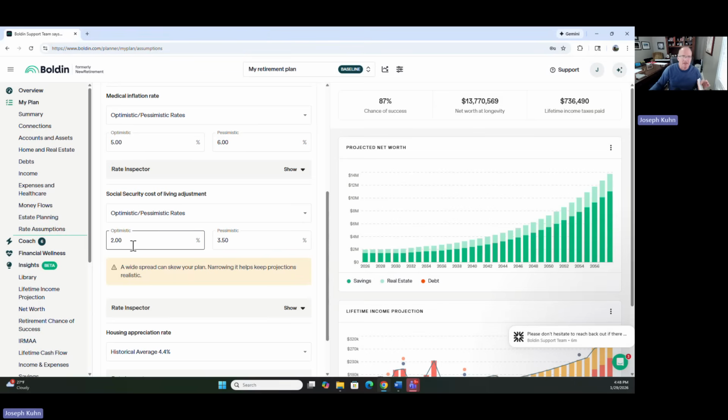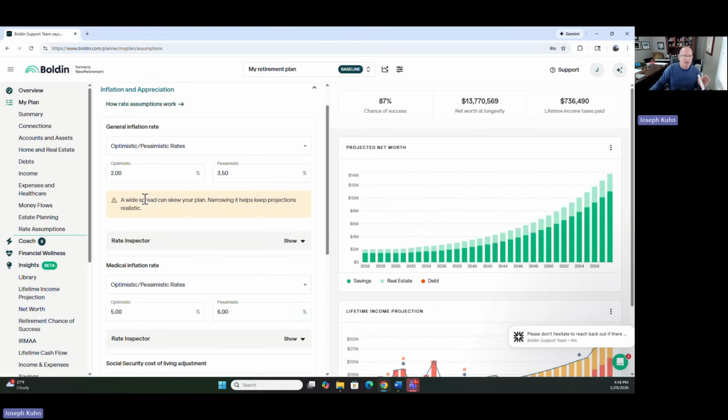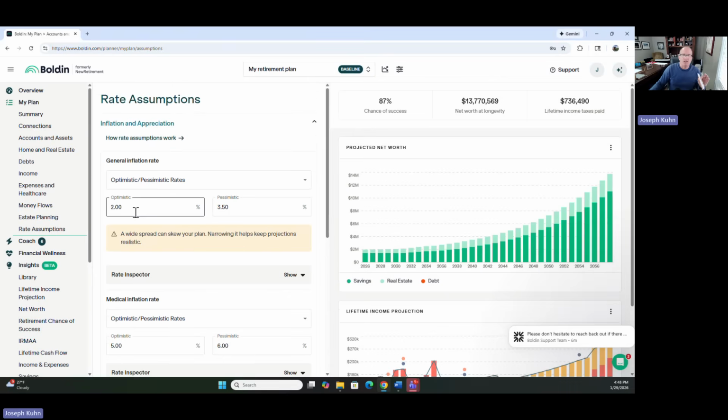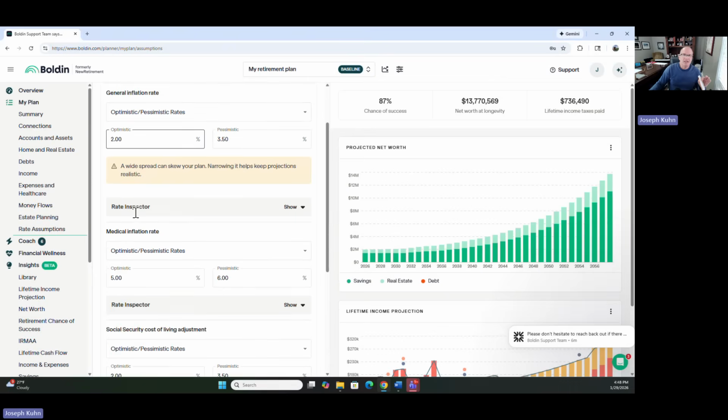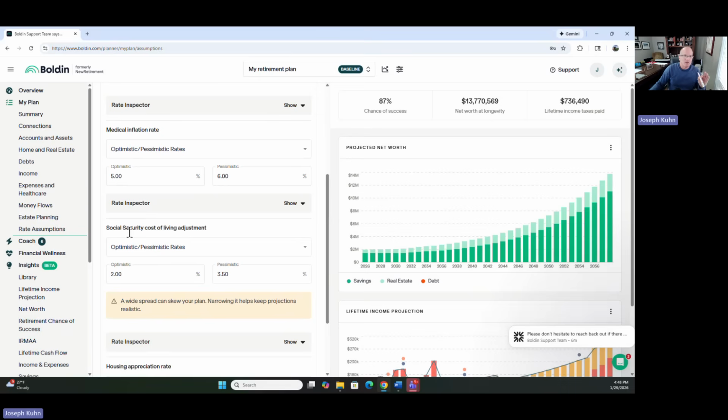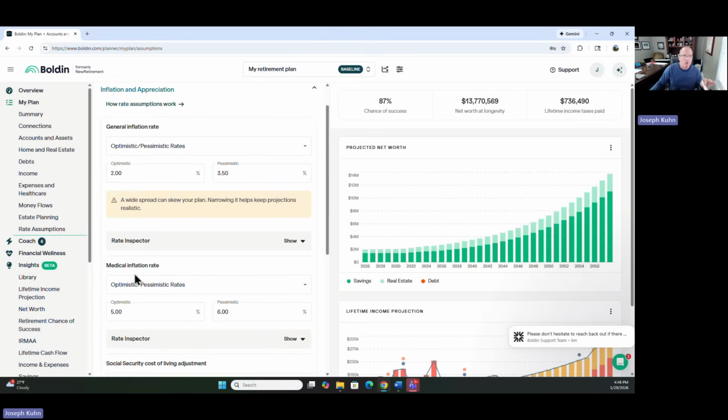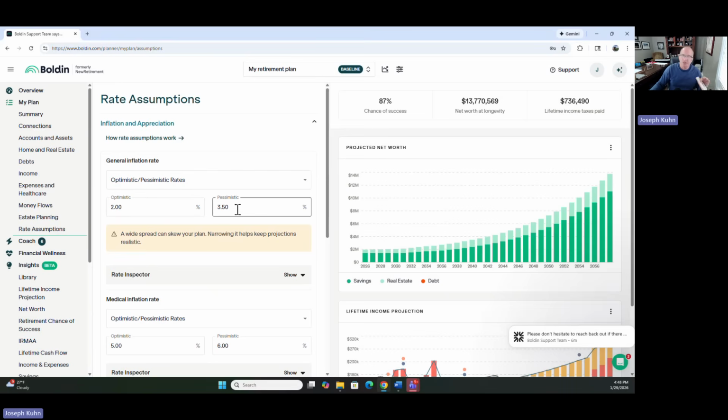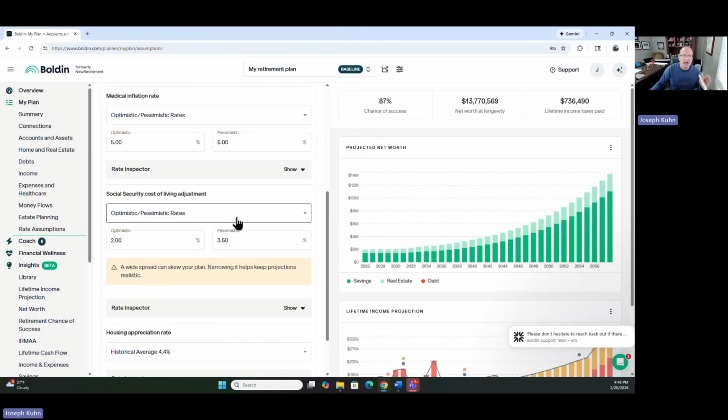Think about what's happening. If general inflation is 2%, what is your most likely Social Security COLA? It's going to be a low number, like 2%. And when general inflation is up to, say, 3.5%, 4%, 5%, you're going to get a bigger Social Security adjustment.